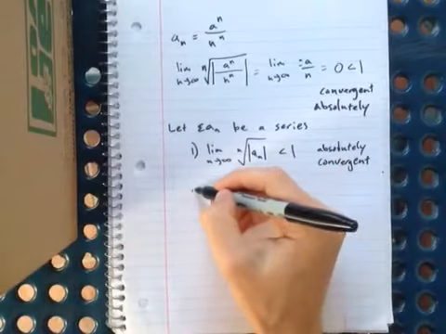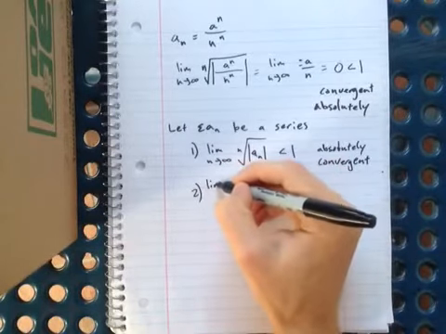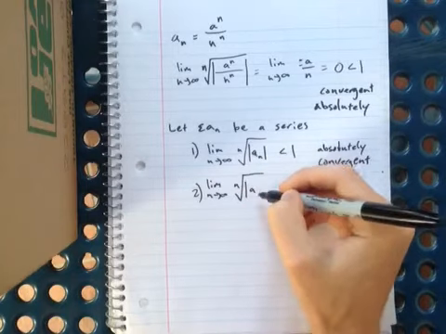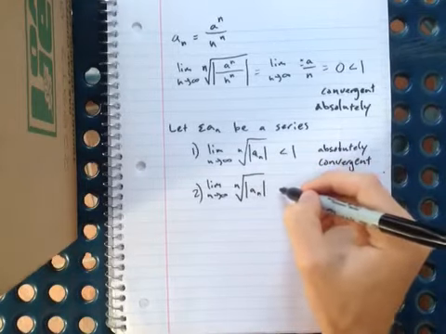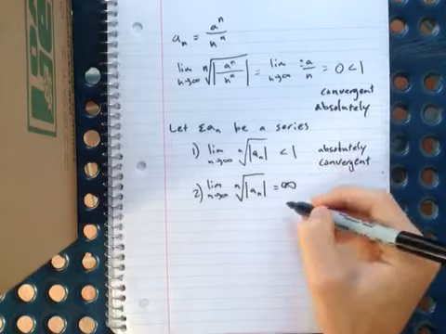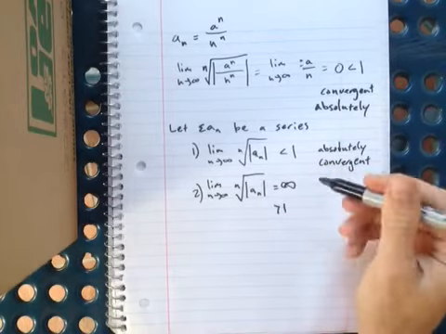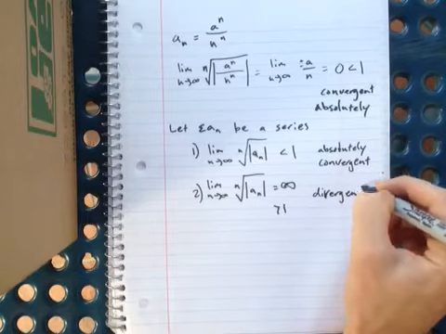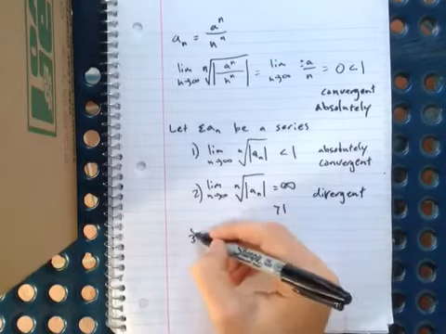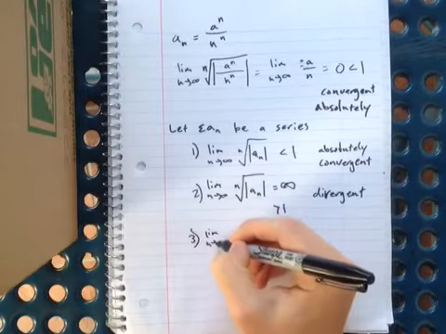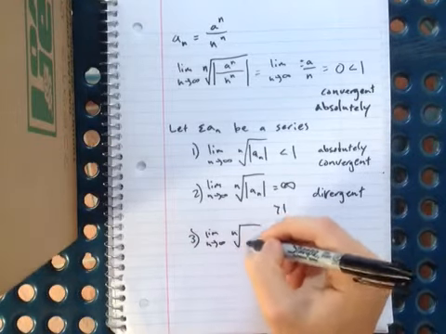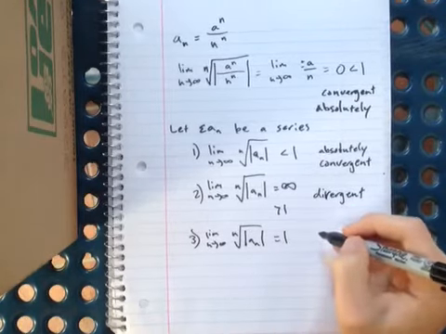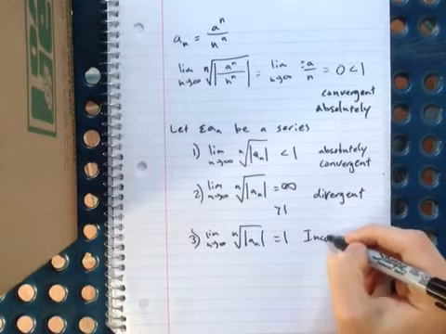And the second potential is that the limit as n goes to infinity of the nth root of the absolute value of a sub n is equal to infinity or greater than 1, in which case it is divergent. And then the third option equals 1, in which case it is again inconclusive.